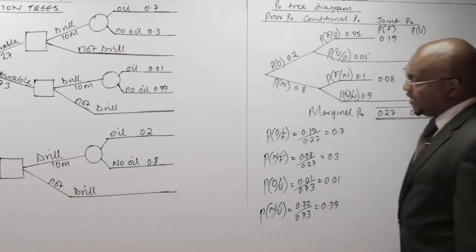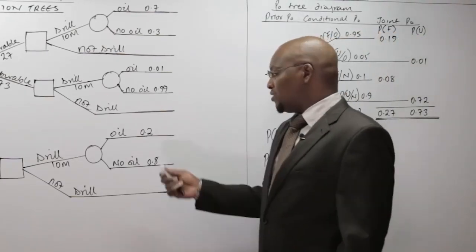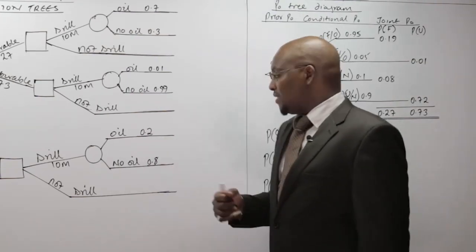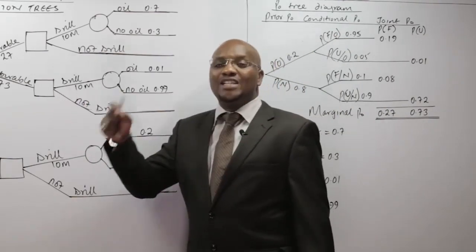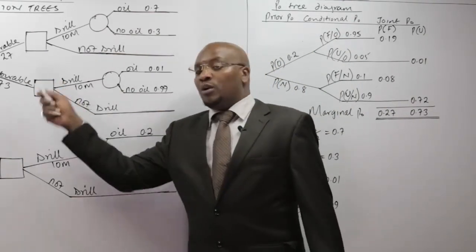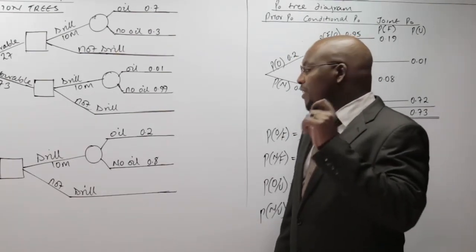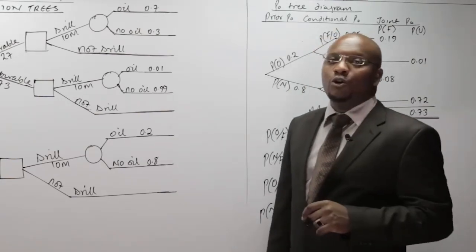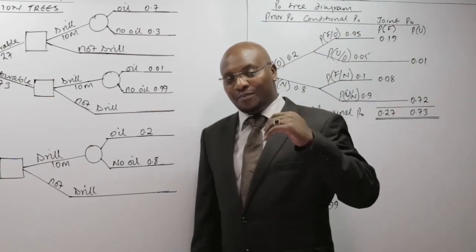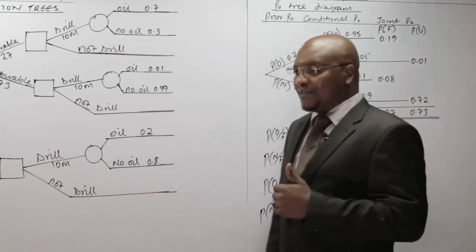Now, secondly, we thought that there is oil at 20%. Supposing we get an unfavorable report from the experts telling us that there is no oil. Our previous estimate of 20% is going to be reduced, because this time it has been confirmed by a third party that for sure there is no oil.